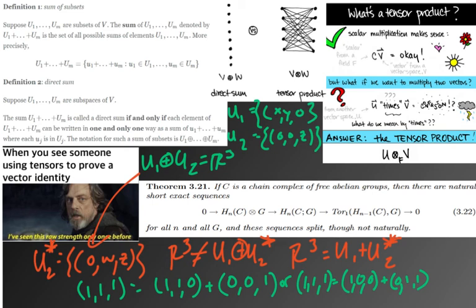Tensors came around in the early 1900s, I think. And basically a tensor is an abstraction of a vector. That's an easy way to put it. There's a lot I could say about tensors.